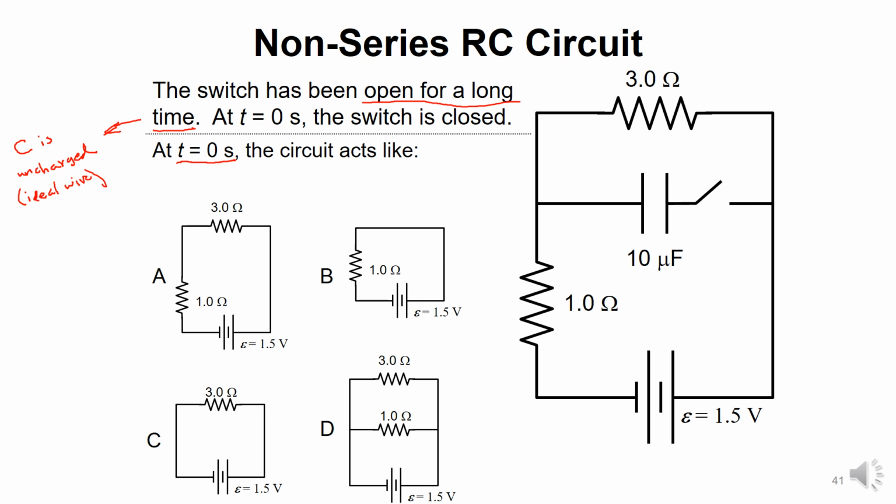Let's do it on the slide. I'm going to replace this entire lower branch with the wire, because the capacitor is uncharged at that instant and the switch is closed. So let's look at the 2 branches now.